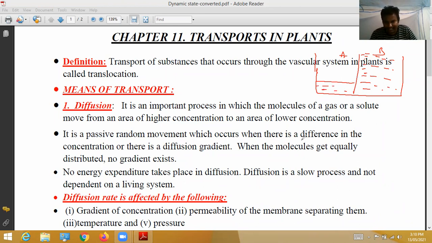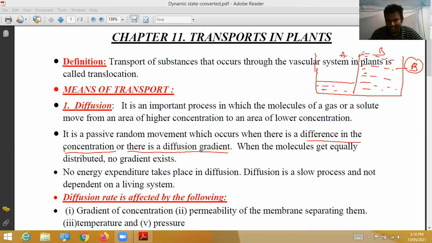When there is a difference in the concentration, or a diffusion gradient, the diffusion process takes place until the molecules get equally distributed. In B more molecules are there, in A fewer are there.